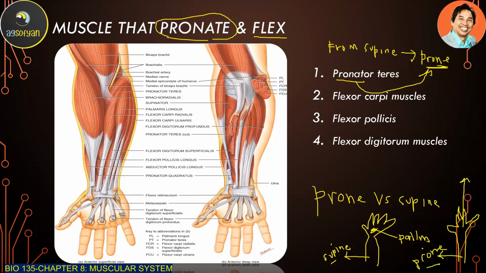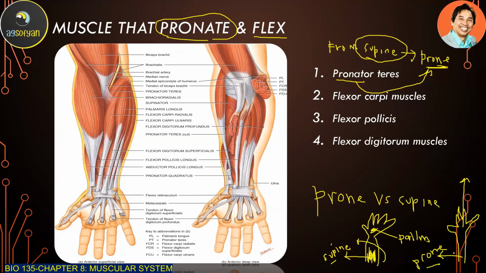The muscle will be located in the supine area. So the muscle is actually located on the area where you're able to see your palm. So when you contract this muscle, it will twist your supine position into this prone position.